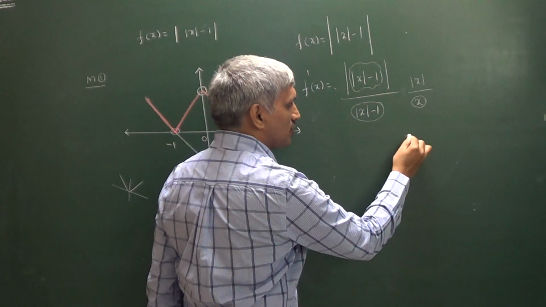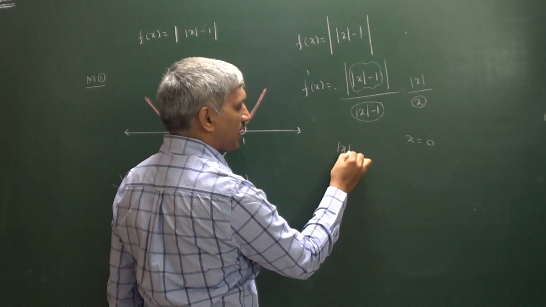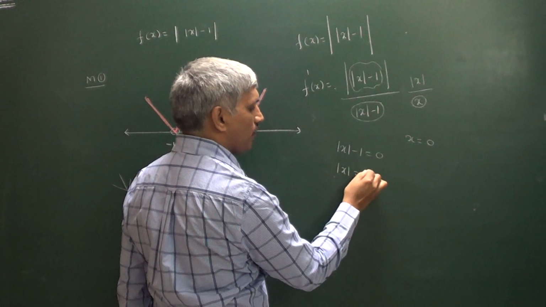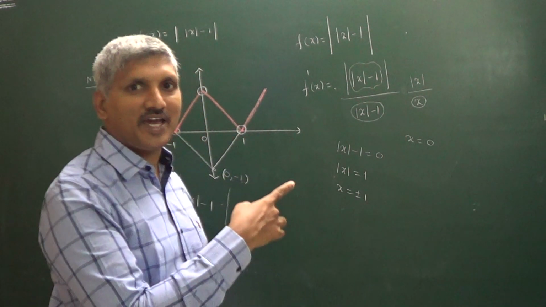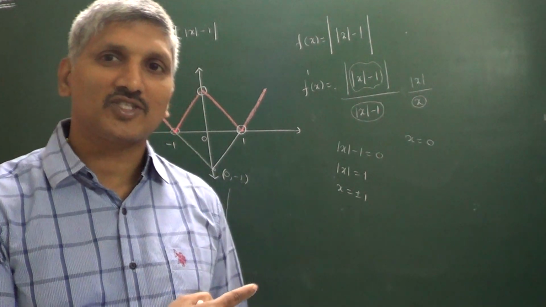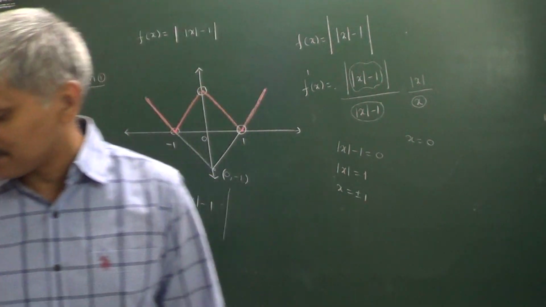Here denominator is 0 when x is equal to 0. Here denominator 0 means mod x minus 1 is equal to 0. So mod x is equal to 1. Therefore x is equal to plus or minus 1. That's why x is equal to 0, x is equal to 1, x is equal to minus 1. These are the points of non-differentiability.